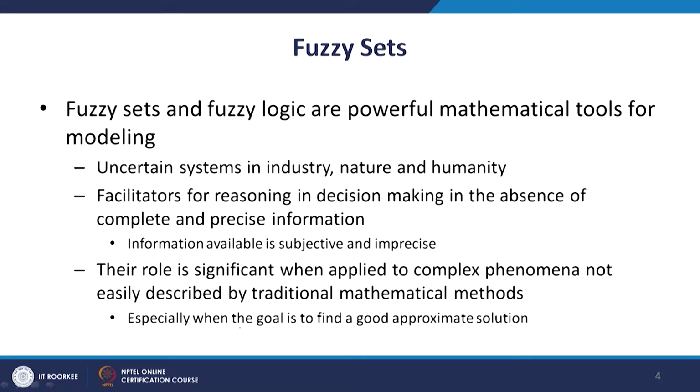Their role is significant when applied to complex phenomena not easily described by traditional mathematical methods, especially when the goal is to find a good approximate solution, which is typically the case in the MCDM domain. So, fuzzy sets and fuzzy logic can be really useful.